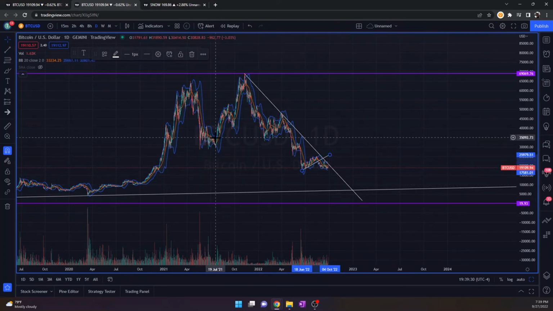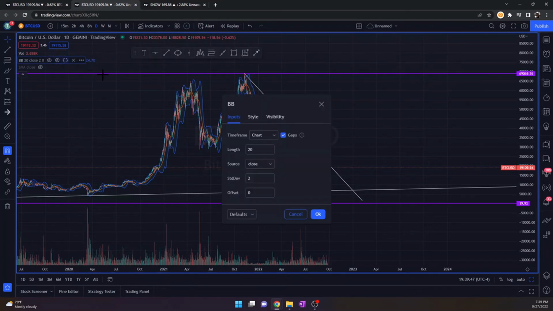So you can see it draws this line here. This orange line, let's look at the properties so I can tell you exactly what's going on here. Okay, so the orange line is a simple moving average of 20.